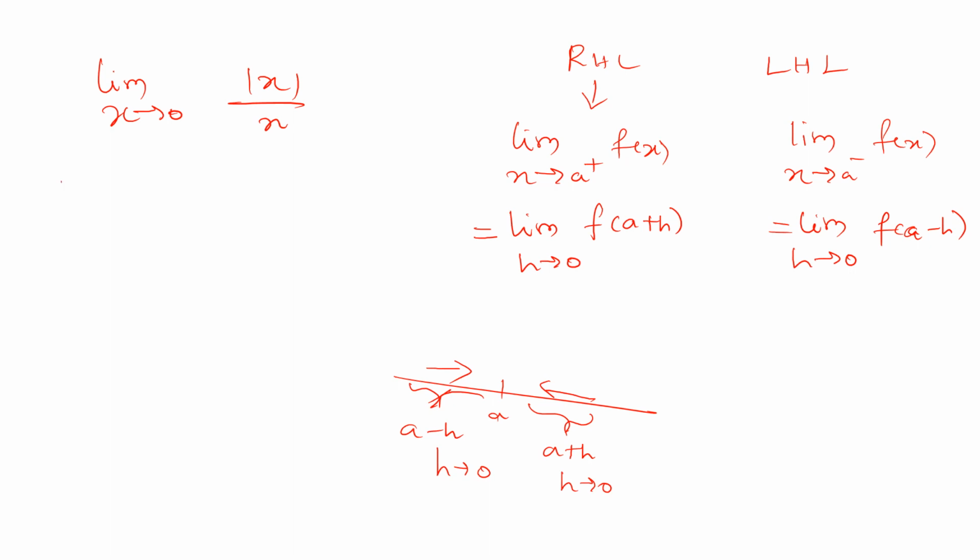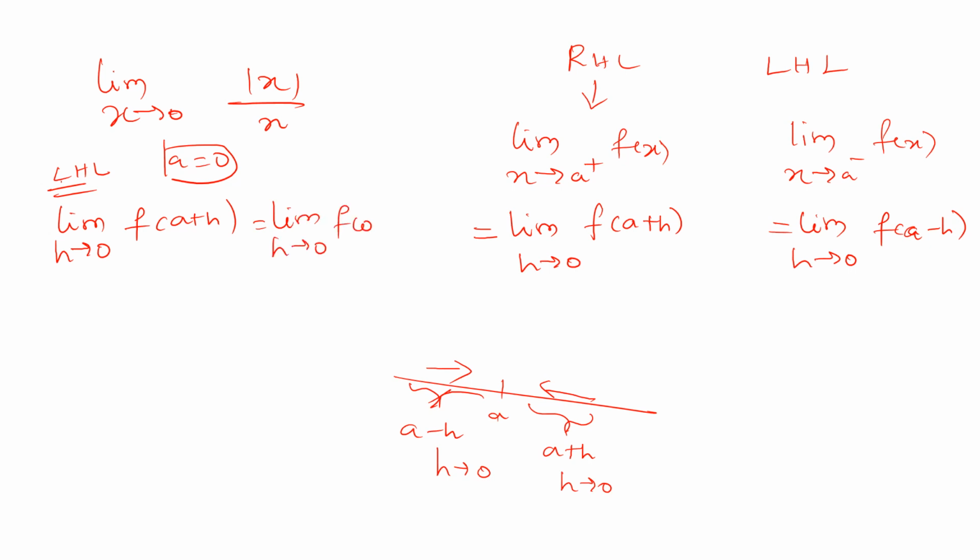For finding RHL, limit h tends to 0 of f of A plus h. For this problem, A is equal to 0. So this is limit h tends to 0 of f of 0 plus h. Using the given function, modulus of 0 plus h divided by 0 plus h, which is h by h, is equal to 1.